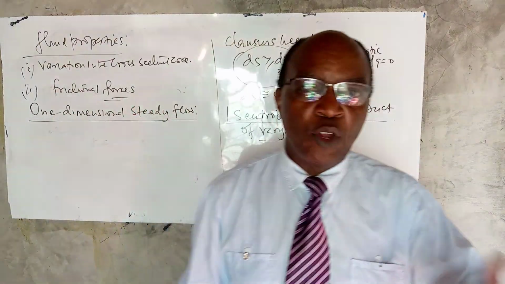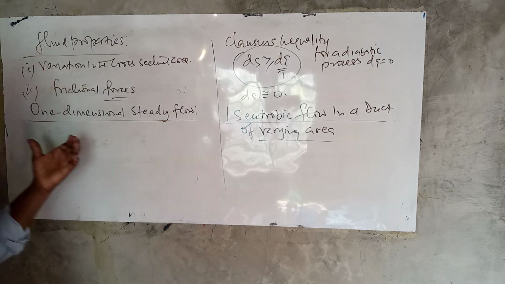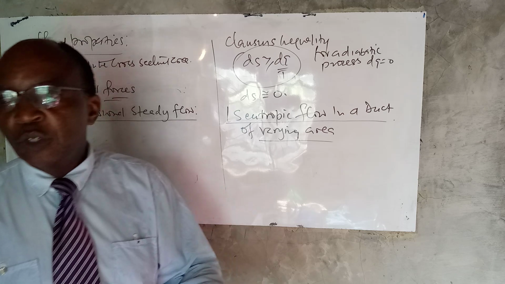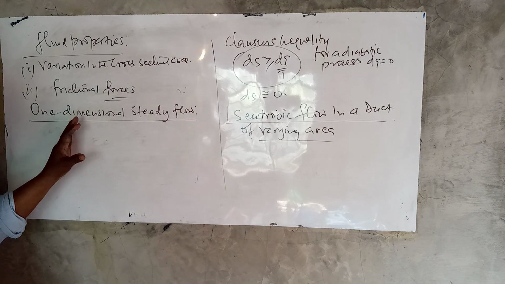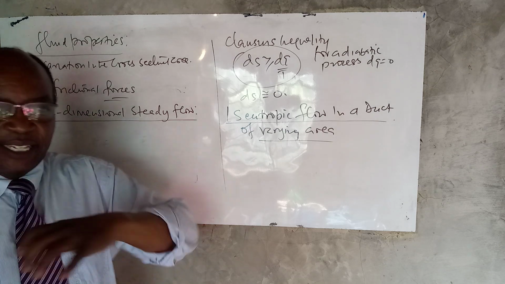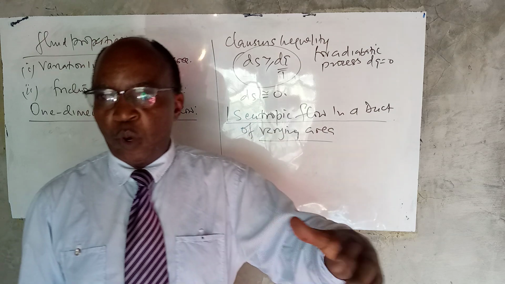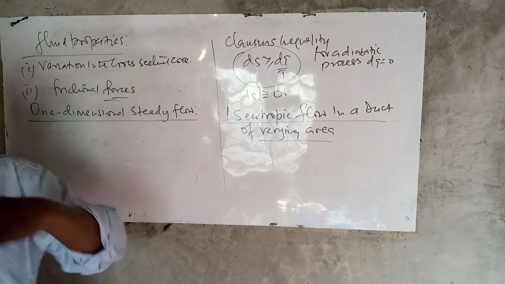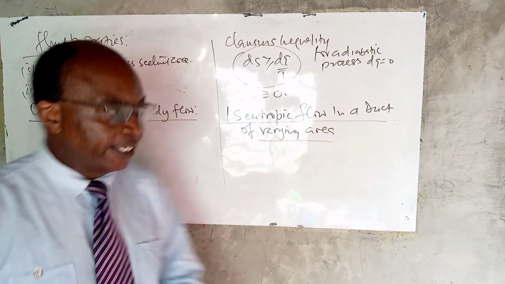So when we have this flow, which we call one-dimensional steady flow, there are certain conditions which will qualify that flow to fall under the category of one-dimensional flow. And one of them is that the cross-sectional area change should be gradual, just like the curvature of the axis should also change gradually.